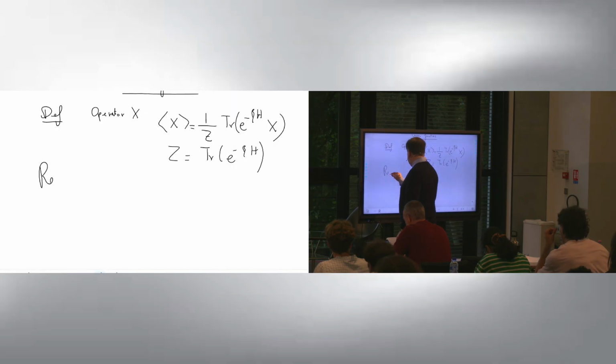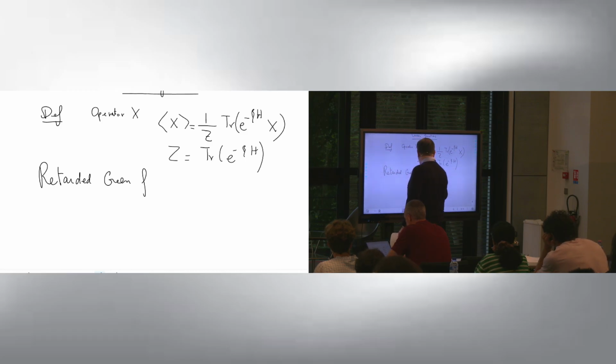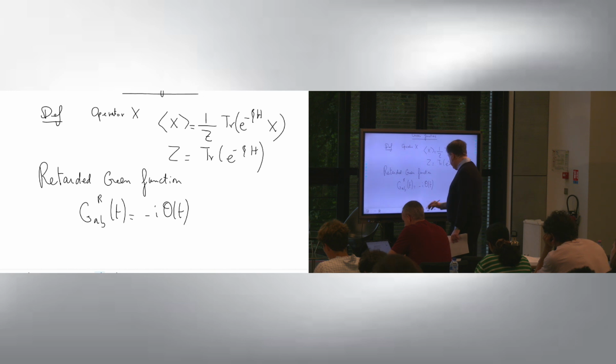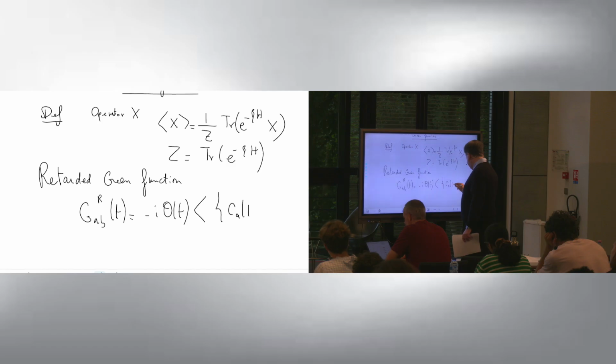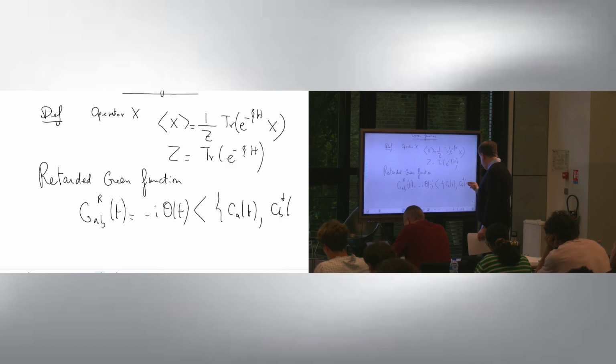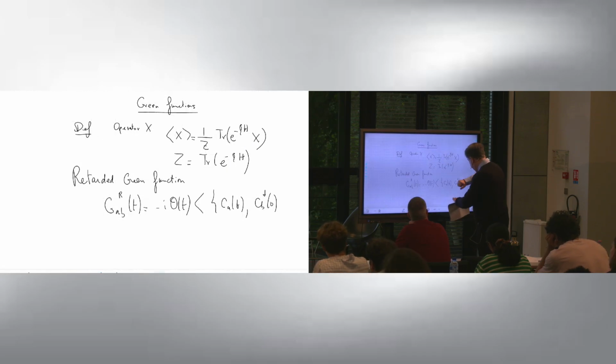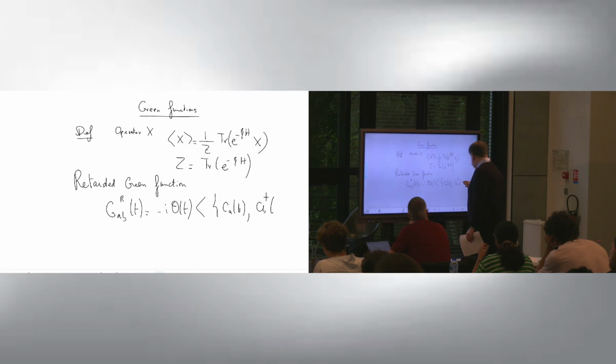Therefore, the retarded Green function will be defined as G AB retarded as a function of t, equal to minus i theta of t, that's the Heaviside function, times the average of the anticommutator of c A of t, c B dagger of 0.